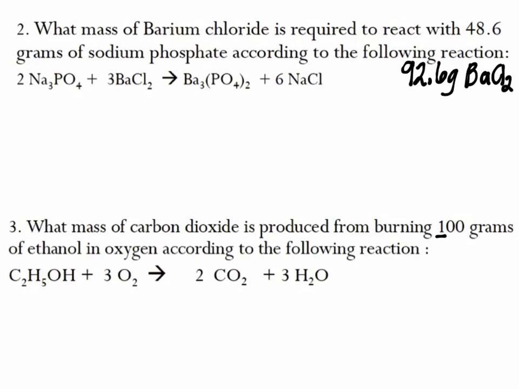What we are going to do is add a decimal right there after the 100 to trap those zeros, so that your answer will be in 3 sig figs. And you should get 191 grams of carbon dioxide. So start working those. I'll come around and help you if you have any problems.